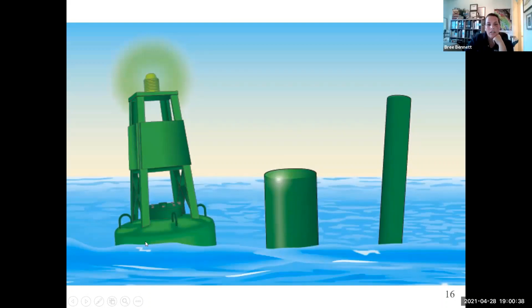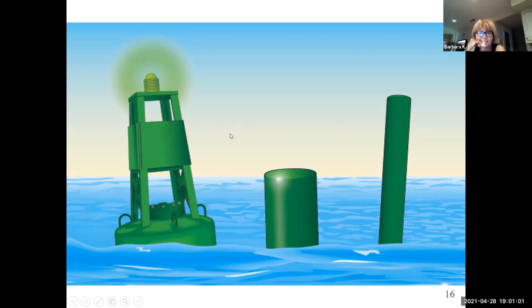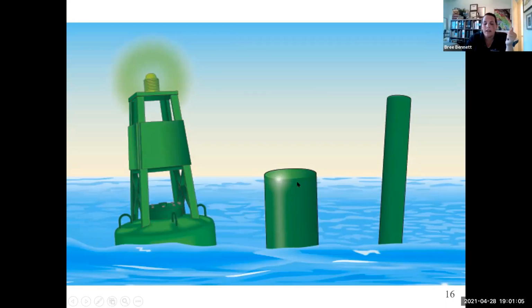If you have a buoy like this, its shape isn't giving you an indicator. If it has a top mark on top, that would be the square. This one just has a light because it's a cartoon, but if it has a top mark, it would be the square.